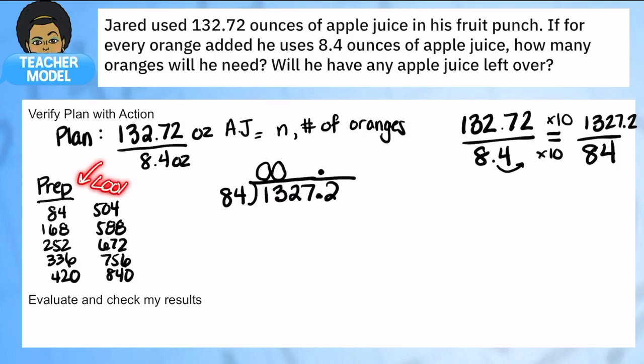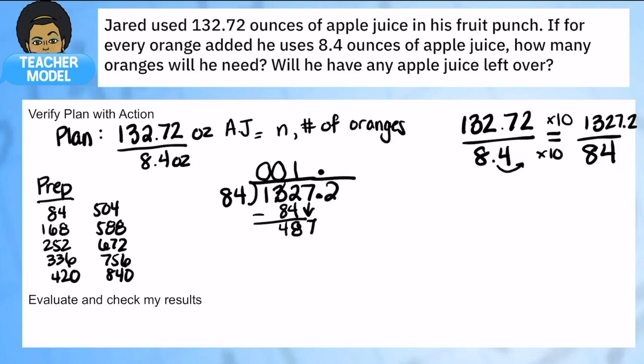When I look over here, I can see that I can do 1 set of 84. I can't do 2 because I don't have 168. So I'm going to put 1 here, divide, multiply. 1 times 84 is 84. Subtract. I'm borrowing over here. And I have 48. And bring down the 7. And look at this number, 487.